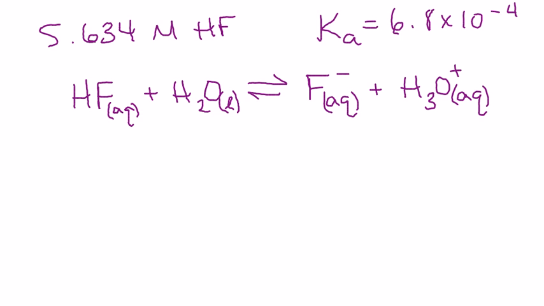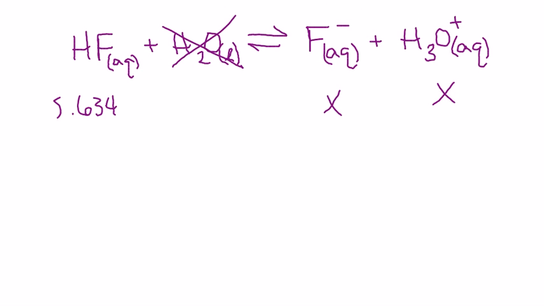Now that we've got that thing set up, we know that the concentration of our HF, or our hydrofluoric acid, is going to be 5.634. Nothing too crazy there. We know that our water we can ignore. And once again, since we don't know the concentrations of the fluoride ion or the hydronium ion, we're going to denote those with an X. Now again, we're going to plug stuff in.